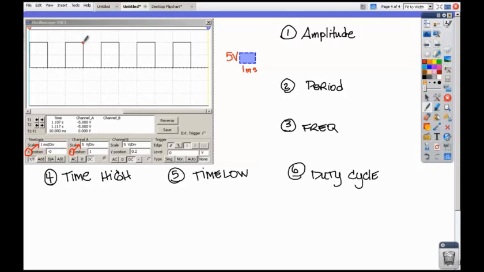So that's my start. So this signal, I go down, then across, then up, and across. And you notice that once I get here, I would start to go down again. So that's why I know that this is going to be my period. Right here, that's going to be my amplitude.